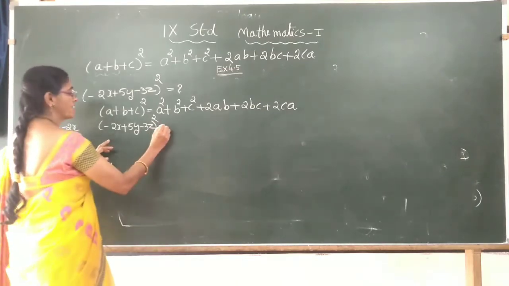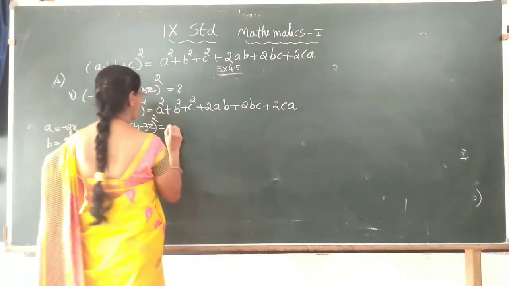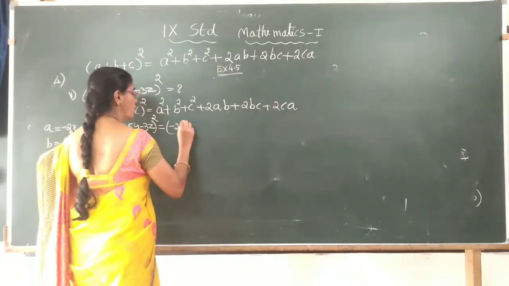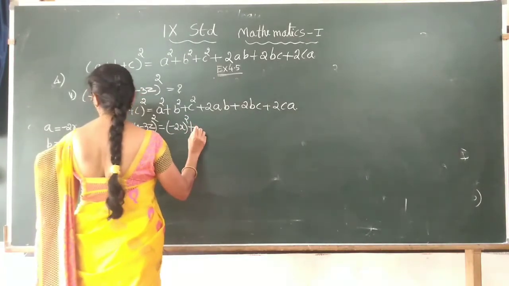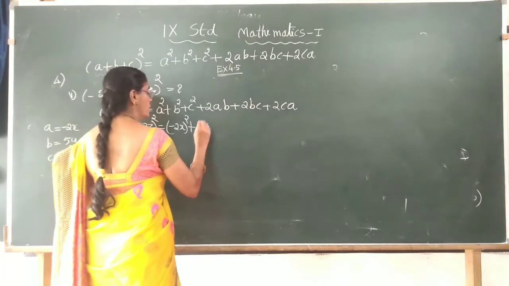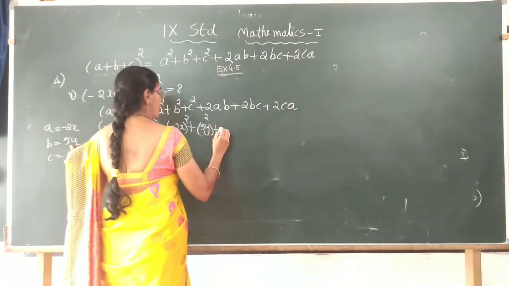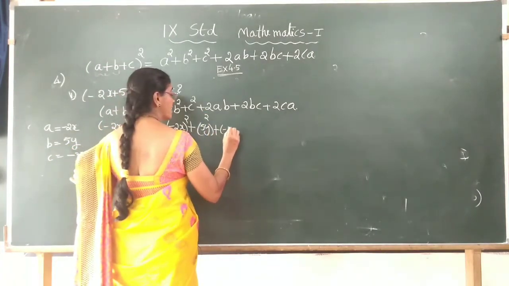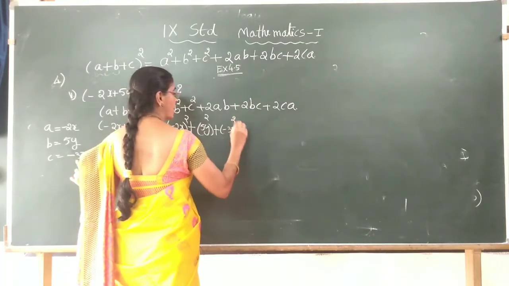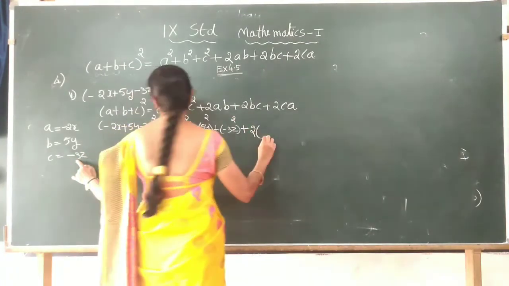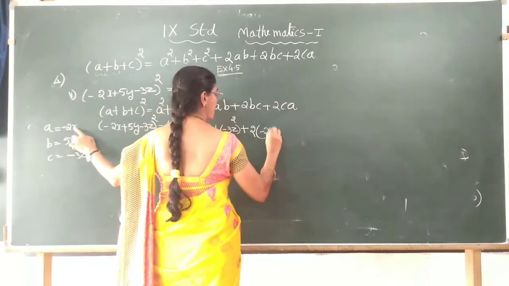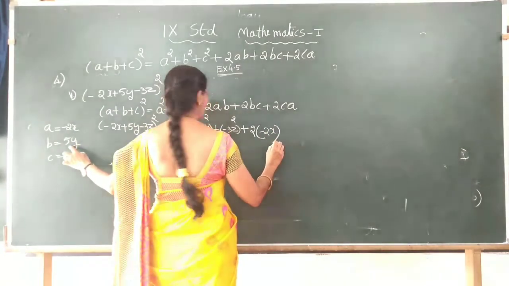Right? Now a square: what is your a? Minus 2x whole square, plus b square, 5y whole square, plus c square, minus 3z whole square, plus 2 into a, which is minus 2x, into b, which is 5y.